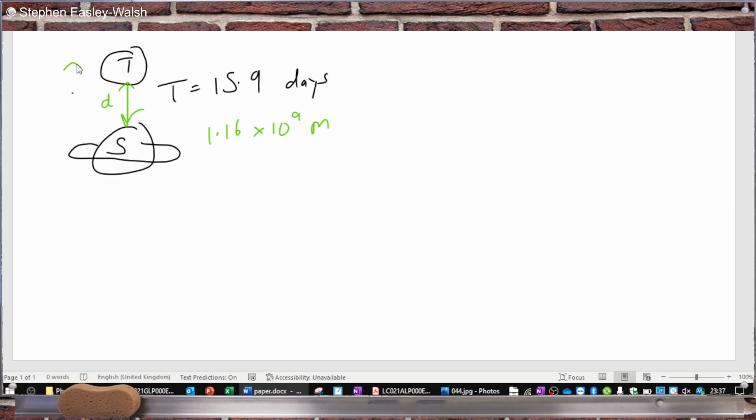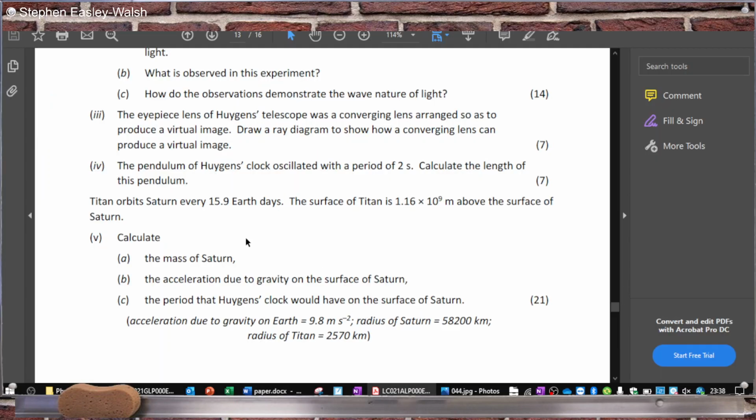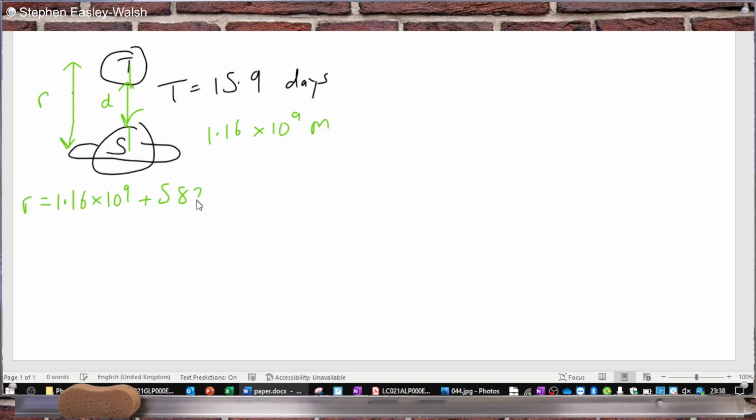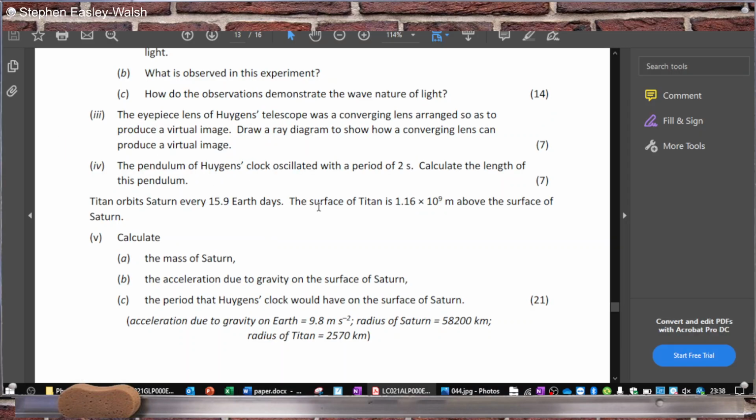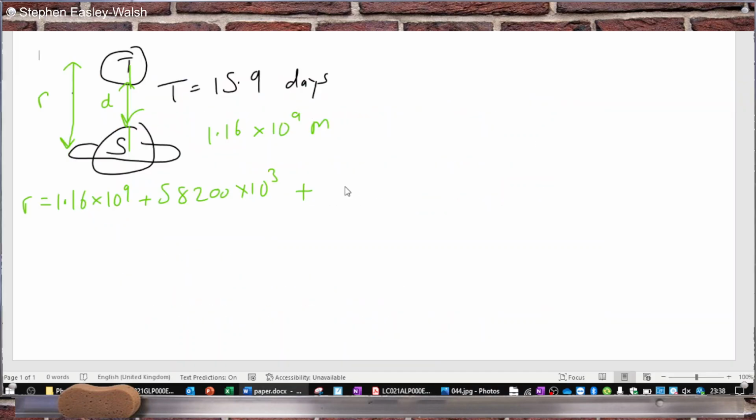Although I think in the formula they use small d as the distance between the centers. The distance between the centers I'll call r, and that will be 1.16 times 10 to the 9 plus the radius of Saturn and Titan. So that's 58200 times 10 to the 3 plus 2570 times 10 to the 3.